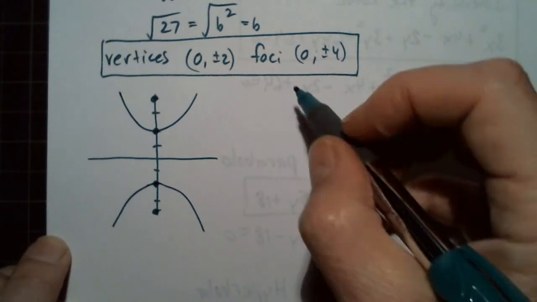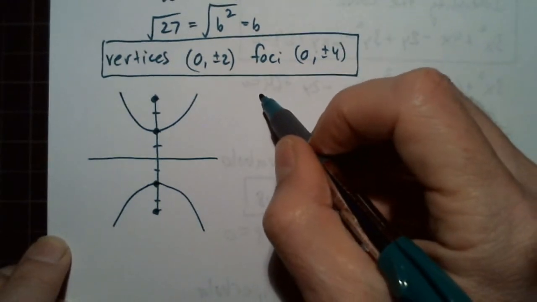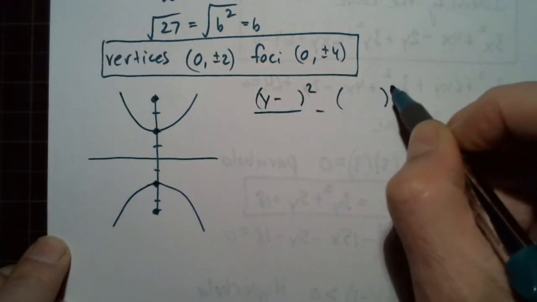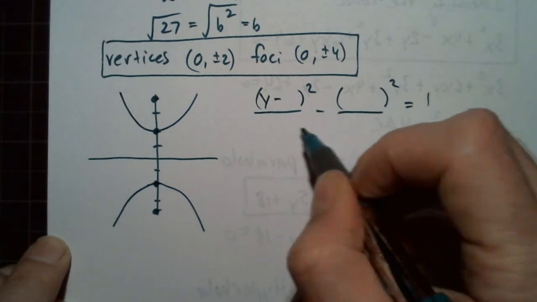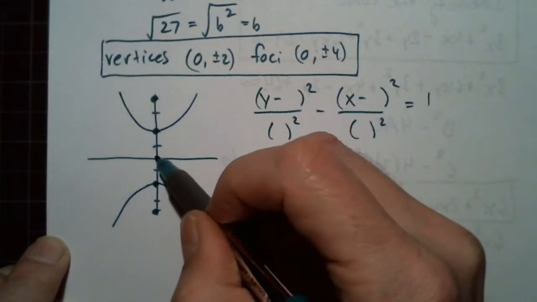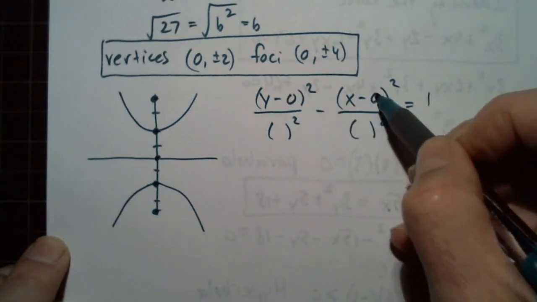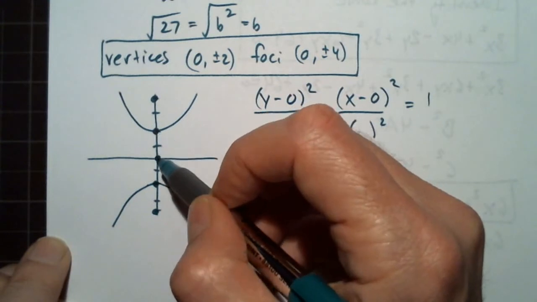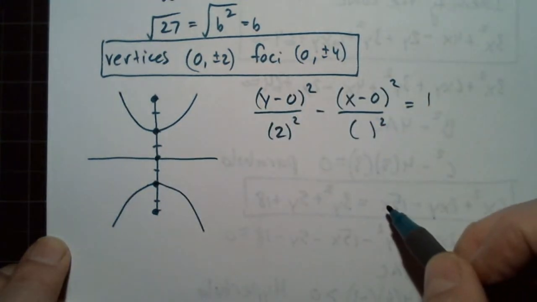If it's opening vertically, then we know that y is first. The center is 0, 0, so we know that. The vertical distance that we move is 2, so we know that.